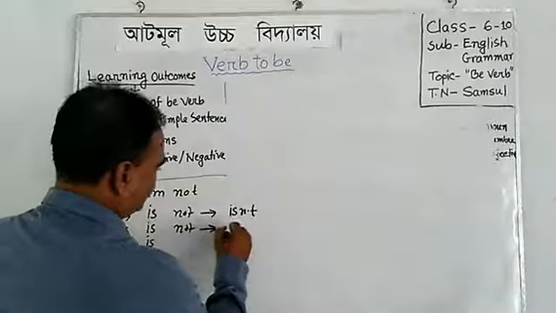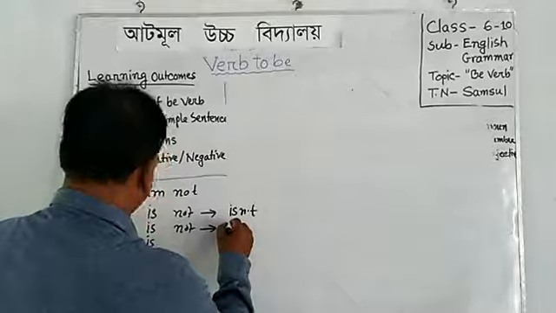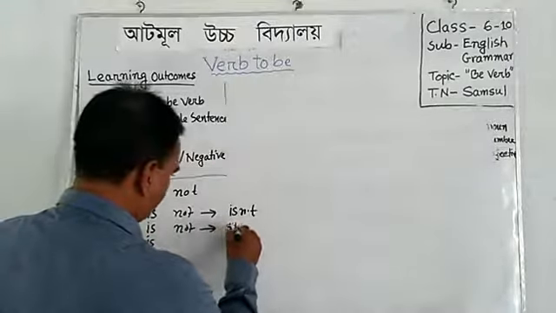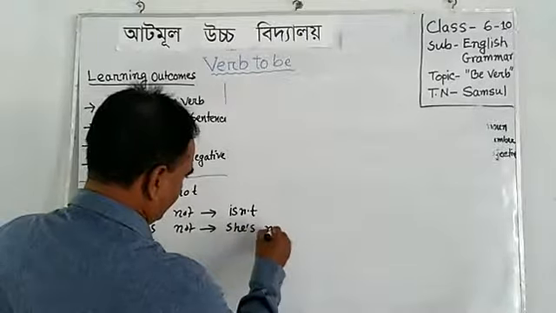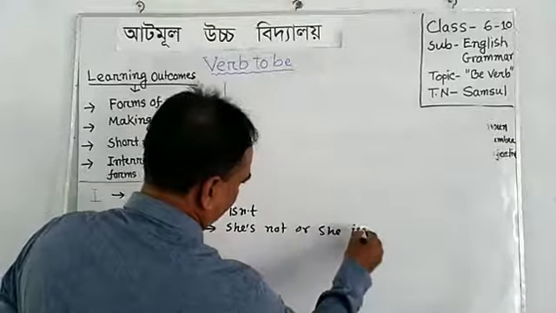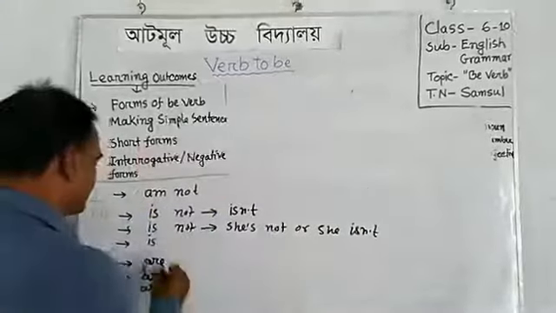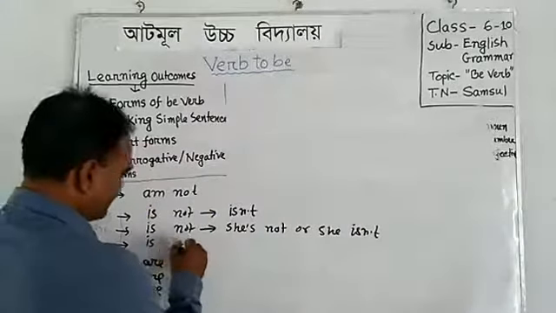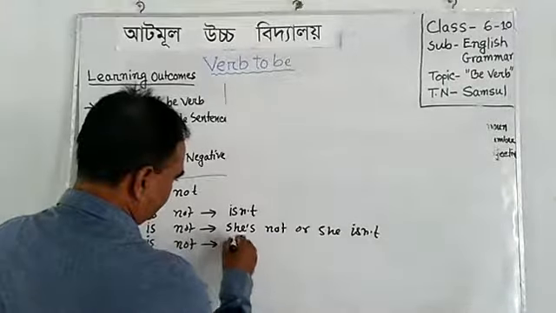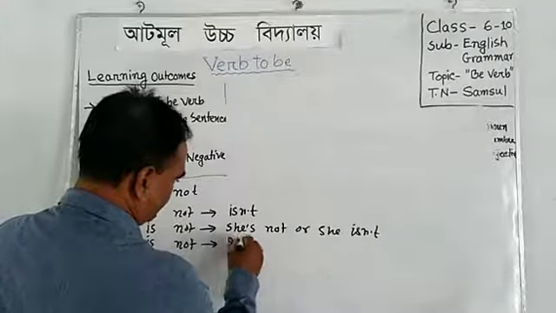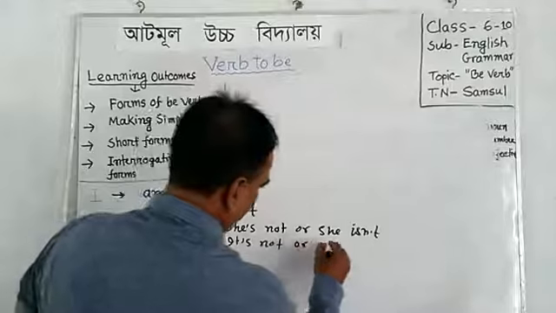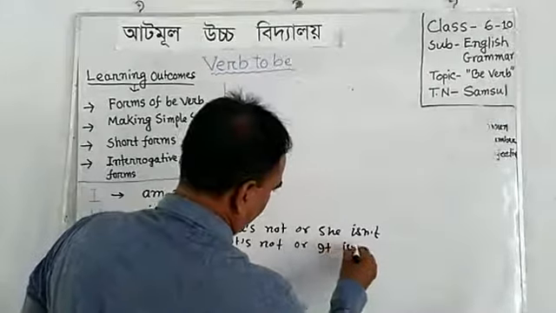The short form is she's not, or she isn't. It is not. The short form is it's not, or it isn't.